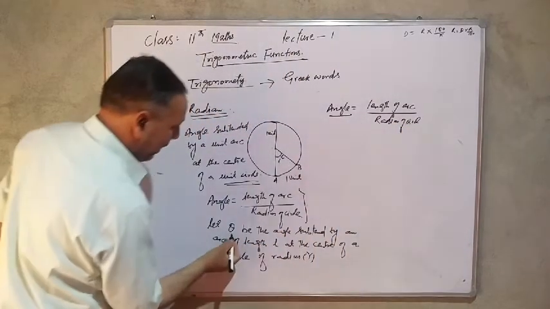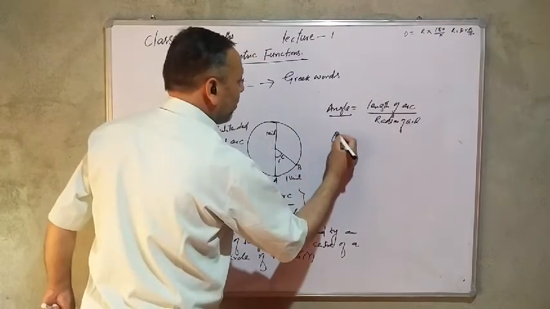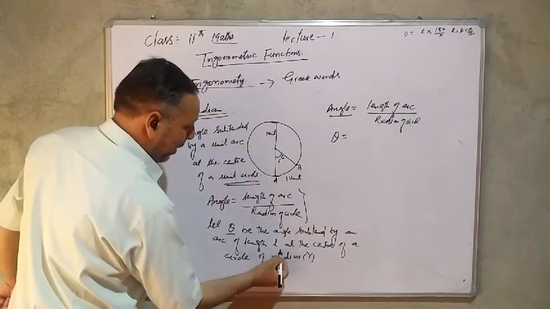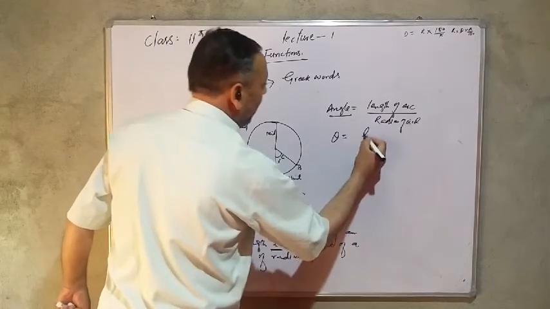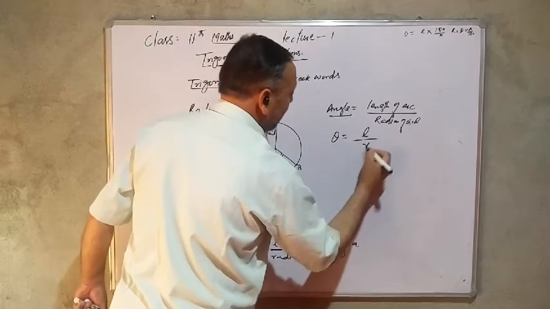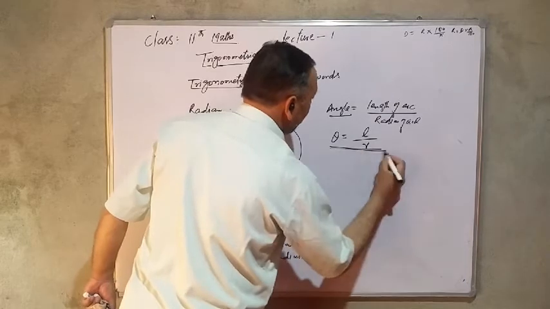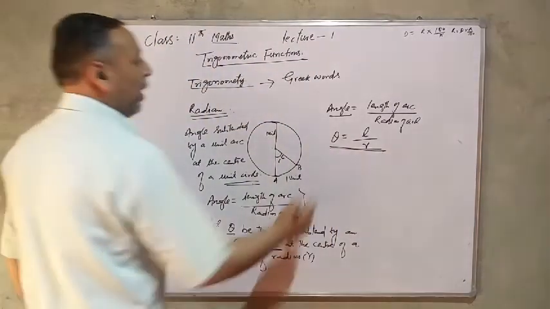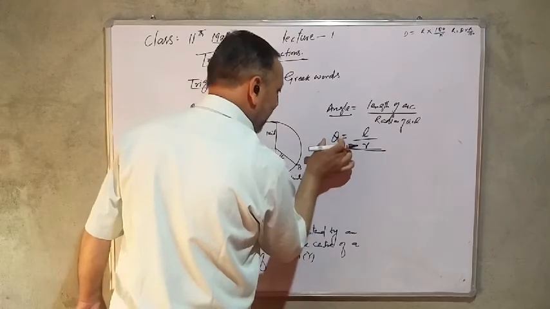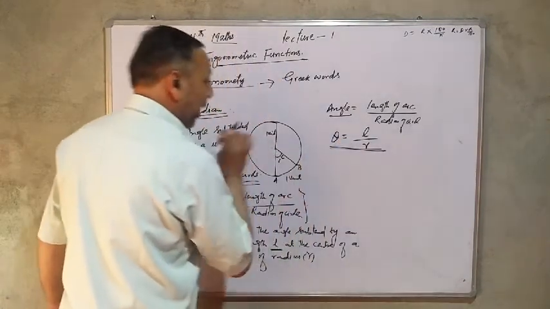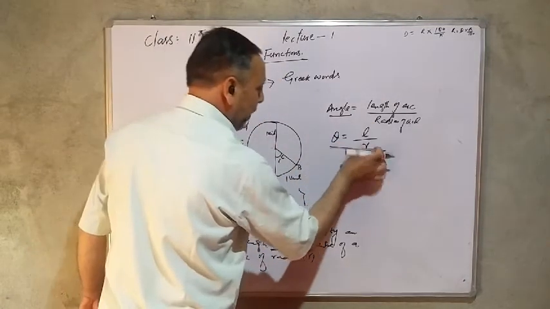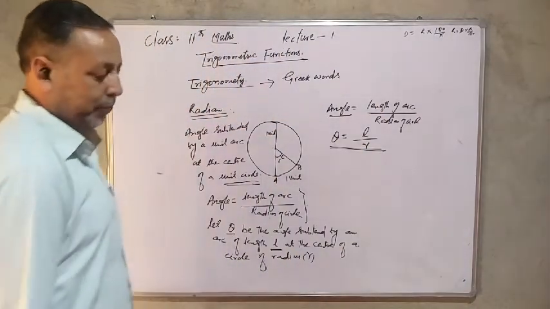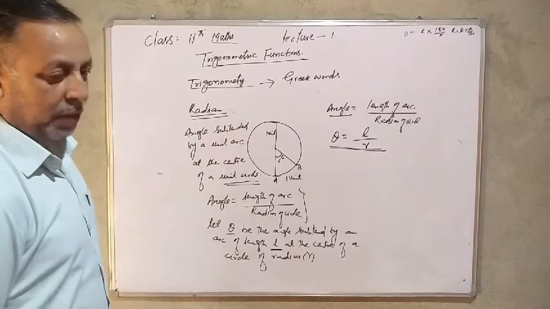Here we have kept angle as theta, length of arc as L, and radius of circle as R. That means theta is equal to L by R. That means the angle subtended by an arc at the center is length of arc divided by radius of circle. Theta is equal to L by R. Pause the video and note it down.